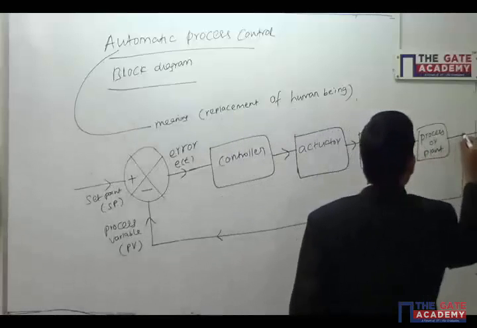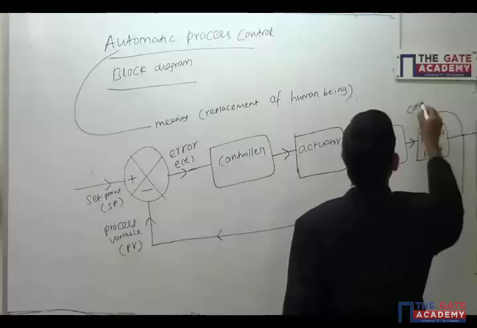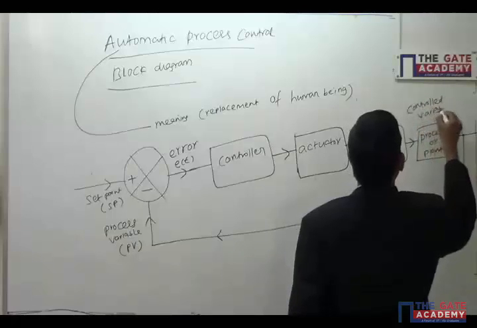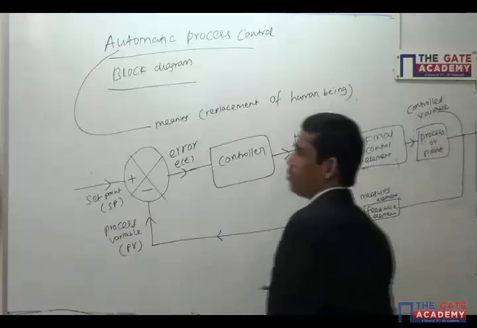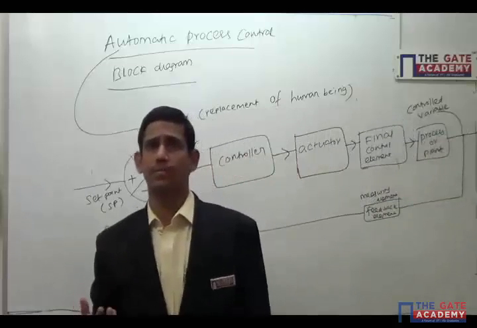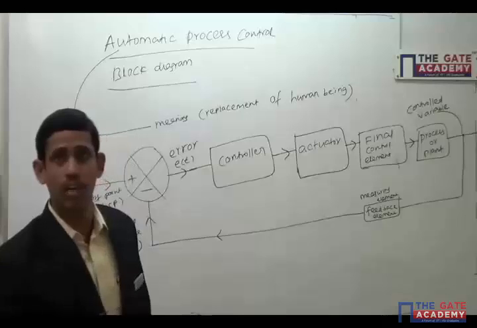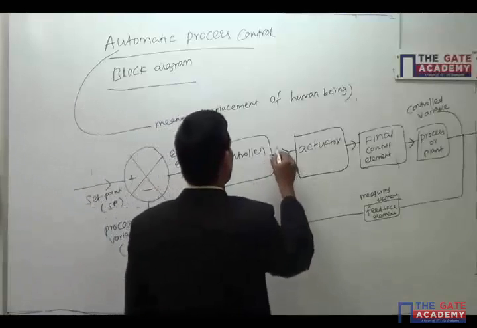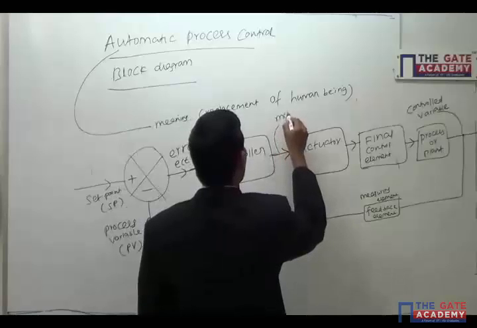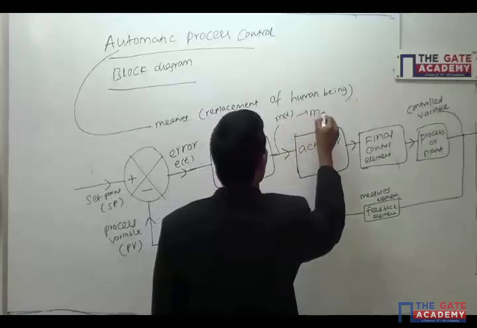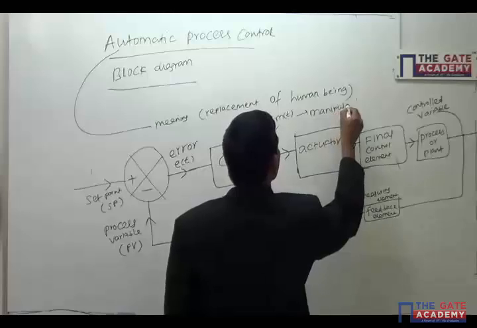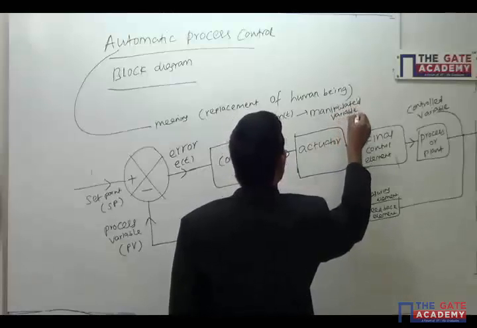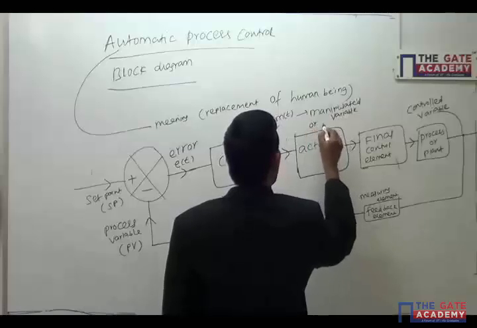So here you will get the controlled variable. See, here the most important thing is the notation. You should be very familiar with the notation. See, controller output is what? Controller output we will represent with m of t. This is known as manipulated variable or controller variable.